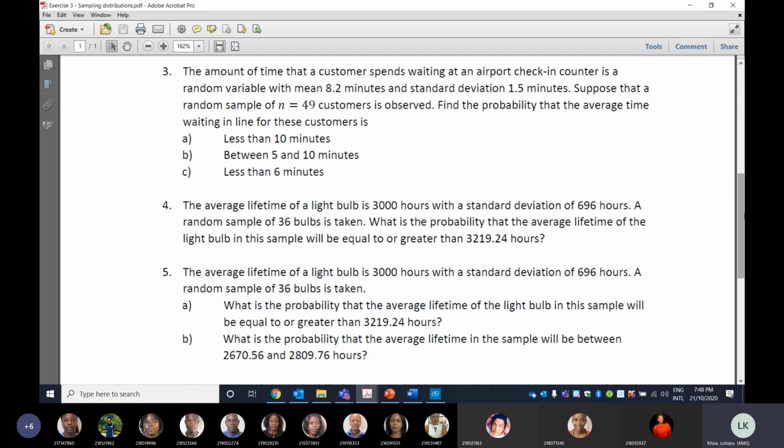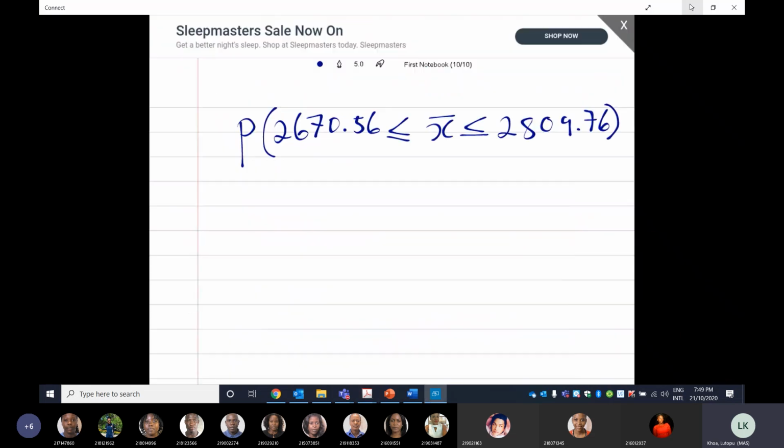Okay, so we know the average is 3,000. And you've taken a sample, you want to work out the probability that the average of this sample is between 2670 and 2809.